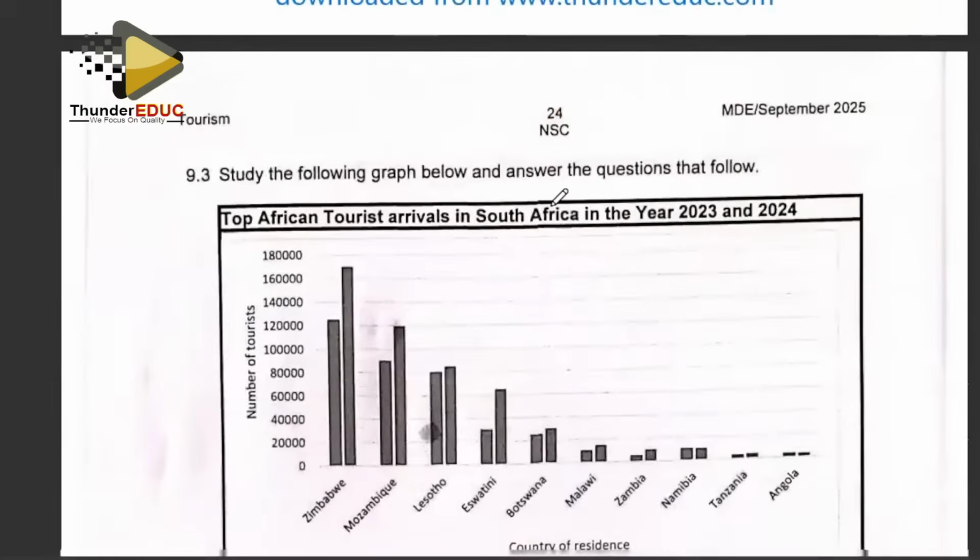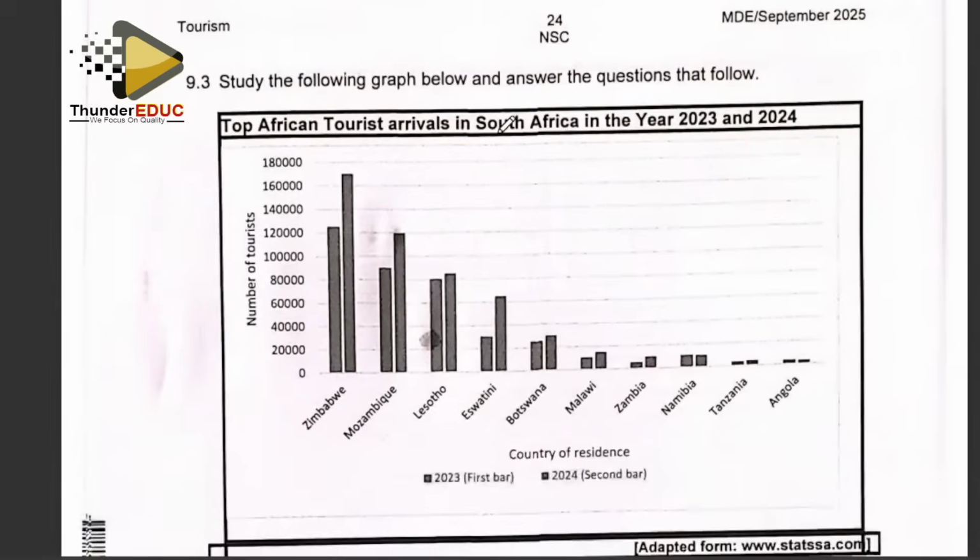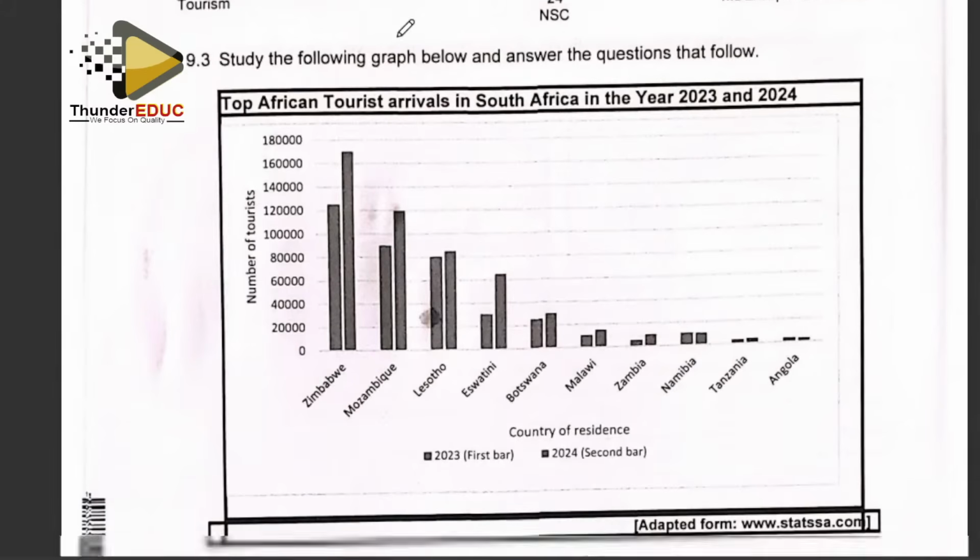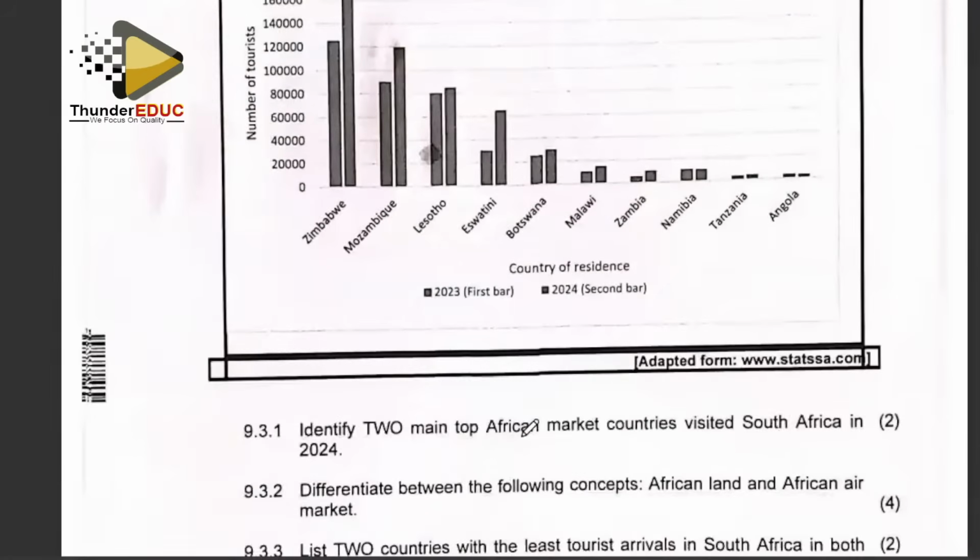Then moving on to 9.3. All right, study the following graph below and answer the questions that follow. Top tourist arrivals in South Africa in the years 2023 and 2024. So number of tourists, we have the two different years. Identify the main top African markets that visited South Africa in 2024.